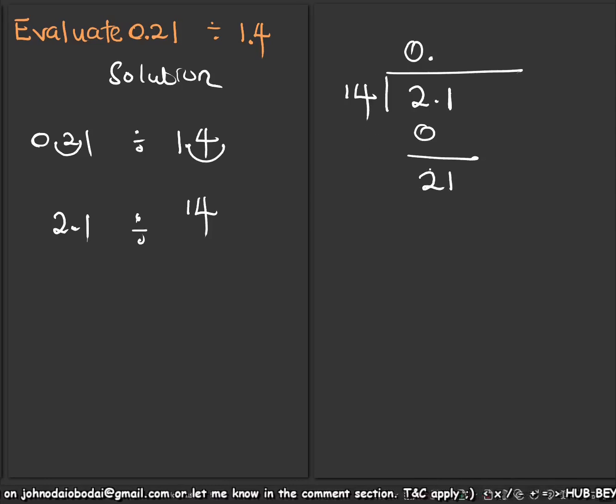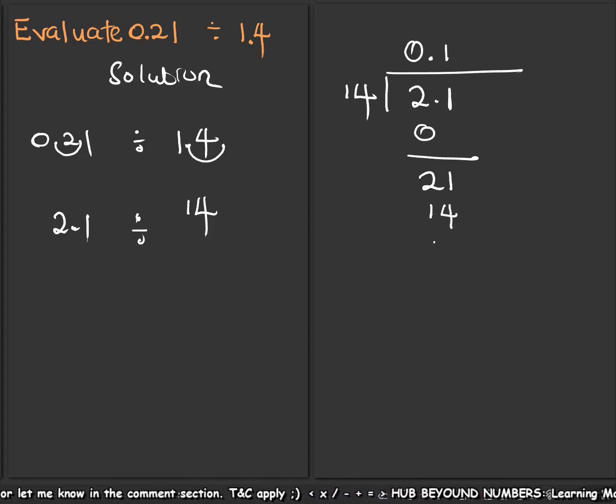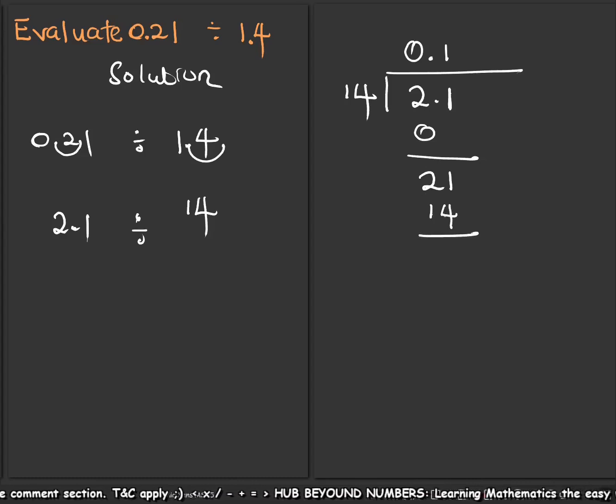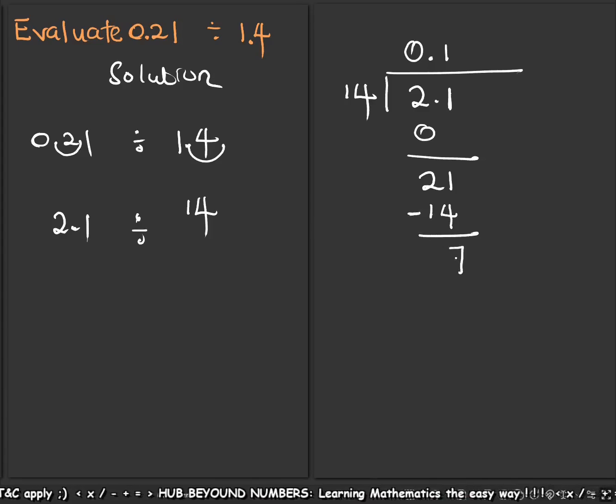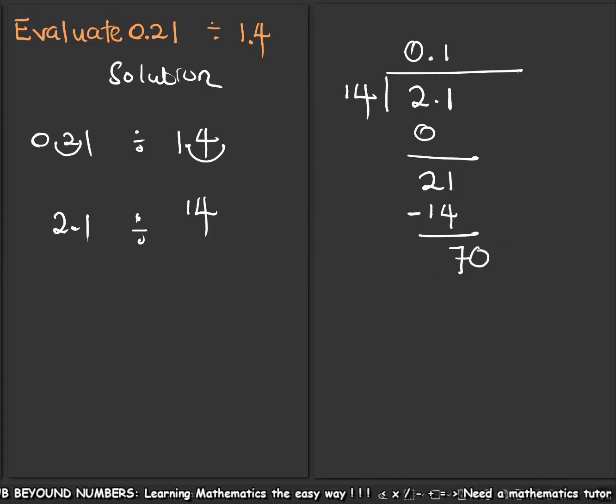14 divides 21 how many times? That is once. 14 times 1 gives us 14. And if you subtract this from 21, you're going to get a 7. And because of this decimal point, we are allowed to put a 0 here. So then we say 14 divides 70 how many times?